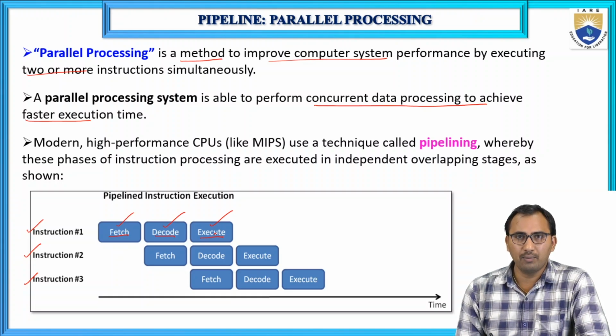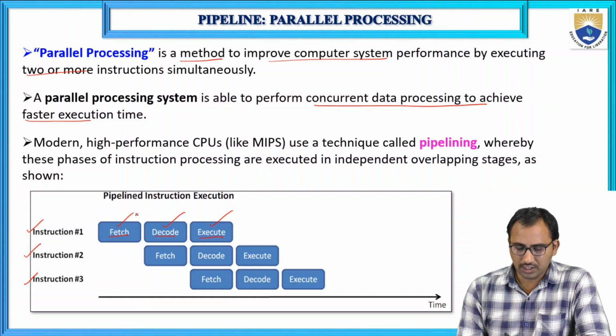In parallel processing, when the first instruction is in the decoding phase, the second instruction will be fetched from the memory. Similarly, when the first instruction is in the execution phase, the second instruction will be decoded. Similarly, when the second instruction is in the decoding phase, the third instruction will be fetched from the memory.